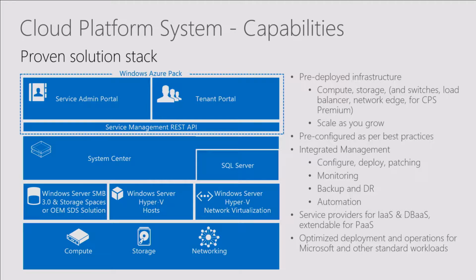Just a quick note that network virtualization is only available in CPS Premium, not in CPS Standard. Moving up, the management layer is our System Center suite: System Center Data Protection Manager, System Center Virtual Machine Manager, and Operations Manager. These components put together the management experience for the fabric, as well as some tenant experience.